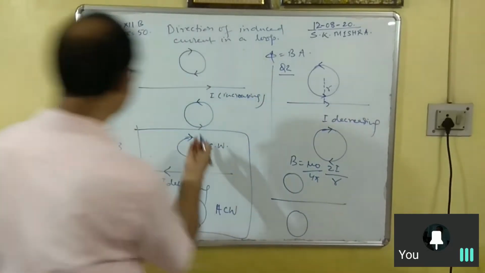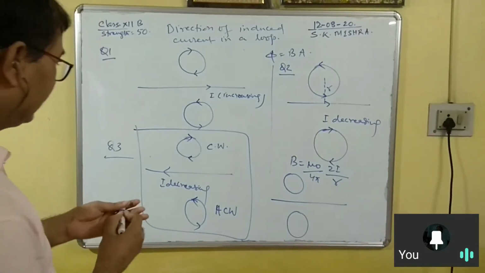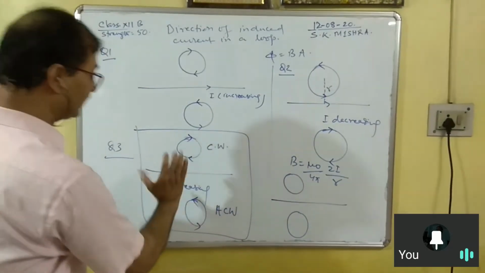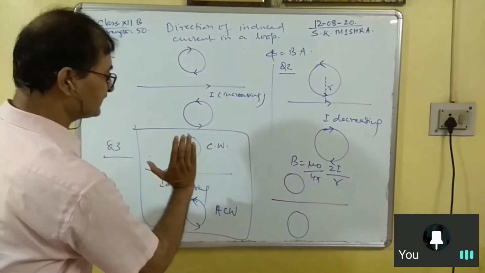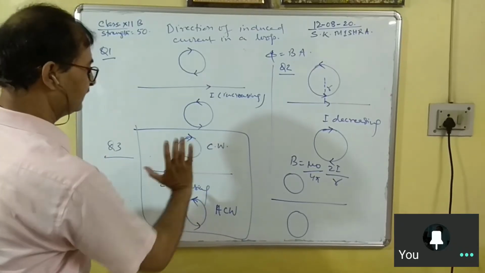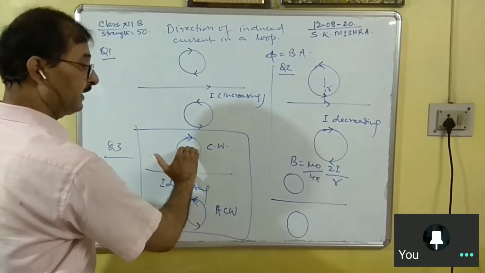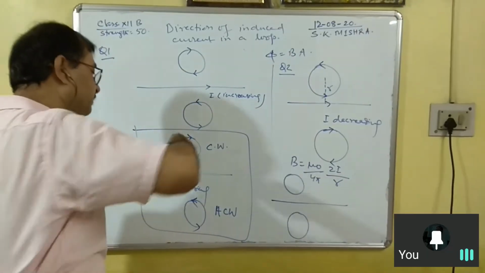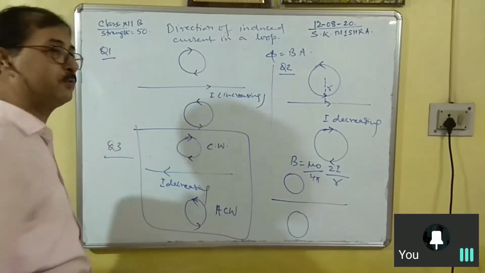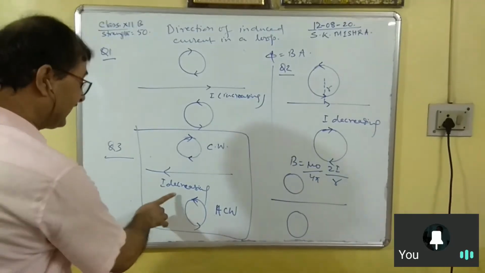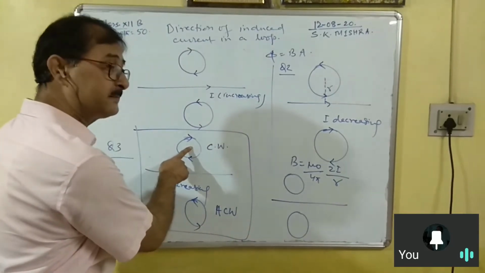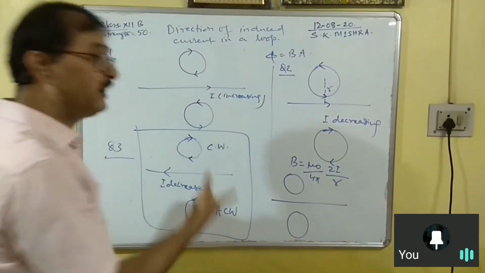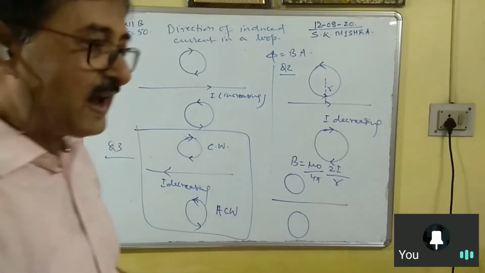Same explanation is there. If current I is decreasing, the magnetic field of this wire at the center is into the plane of the whiteboard, away from the observer. And since current is decreasing, the magnetic field is decreasing. Now the loop will resist that decrease.